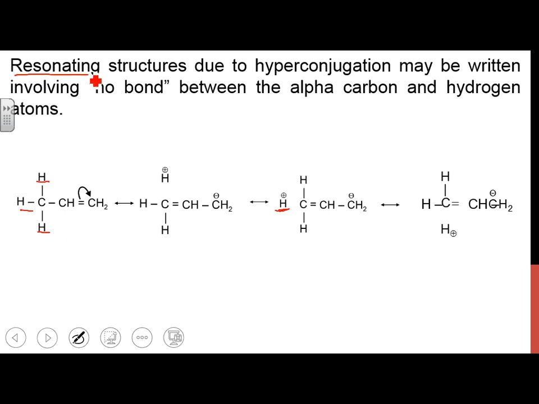So here we are getting resonating structures. Last time we had seen if we have more than 2 structures, having same arrangement of nuclei but different arrangement of electrons, then the structures are known as resonance. So hyperconjugation is a special kind of resonance where between sp2 carbon and alpha carbon hydrogen, electron pair shifts in a different way.